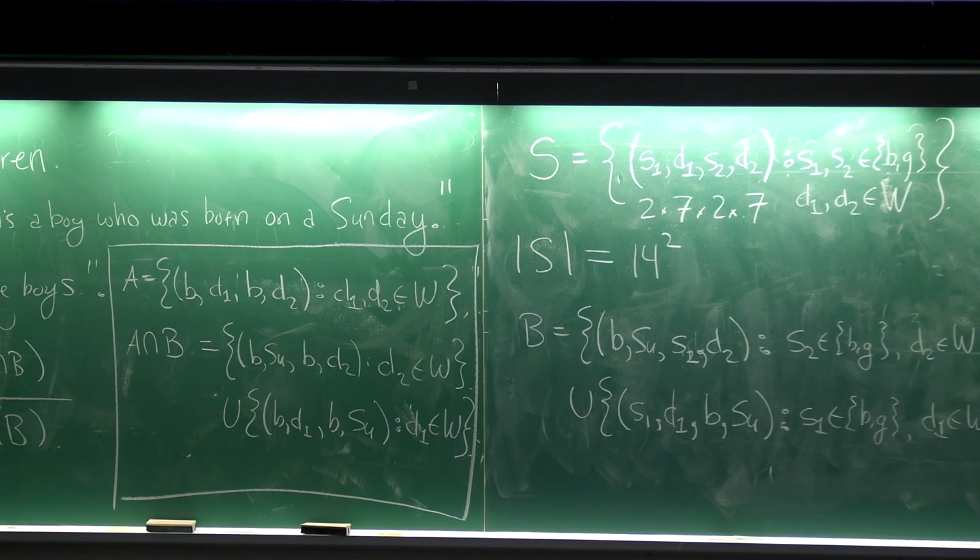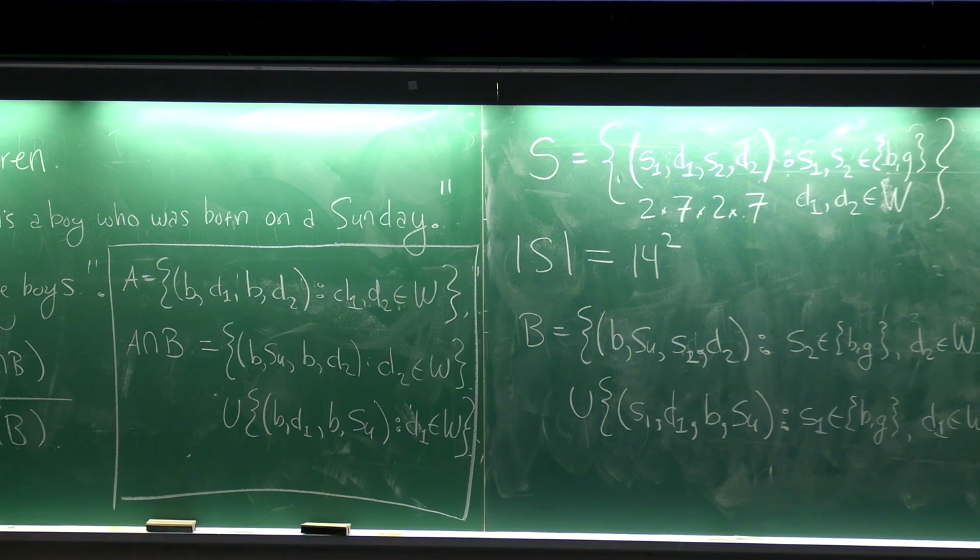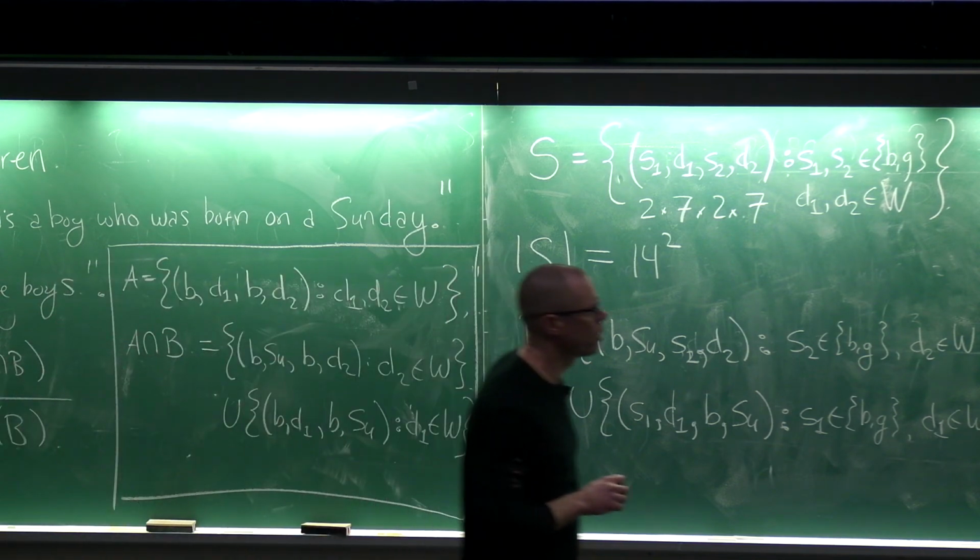Okay, and now it's time to start computing these probabilities. We know what A intersect B is, we know what B is, we need to compute their probabilities, which means we need to compute their sizes. All right, which one should we do first? A and B or B? All right, let's try.